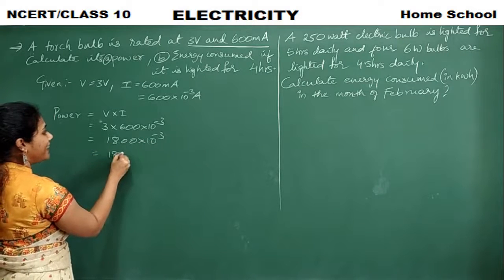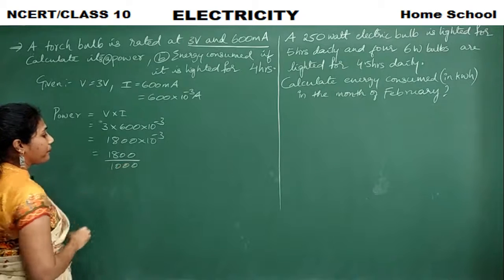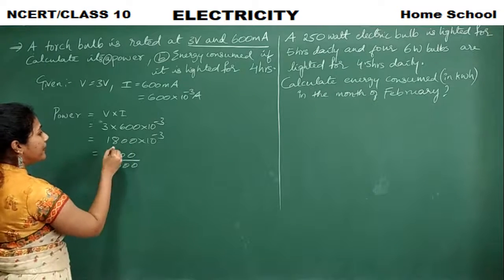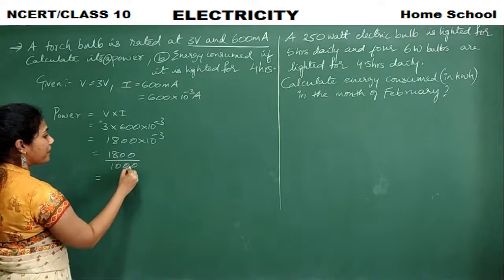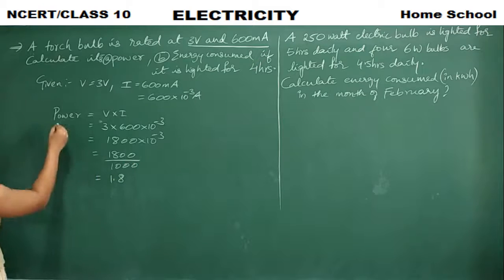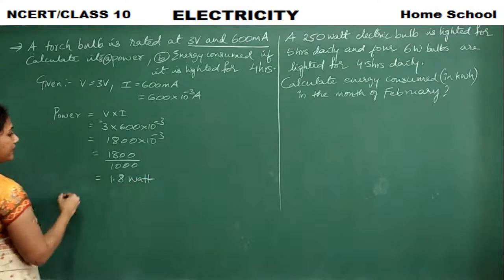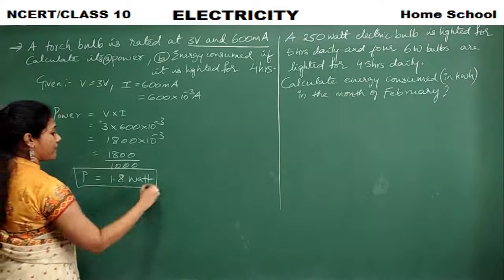It's nothing but 1800 divided by 1000. If you do, how much do you get? You will be getting around 1.8, isn't it? 1.8. What is the unit for power? Watt. So this much is the answer for the first question.